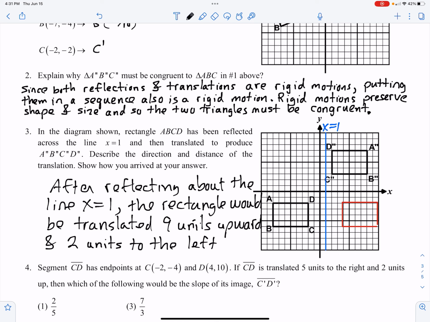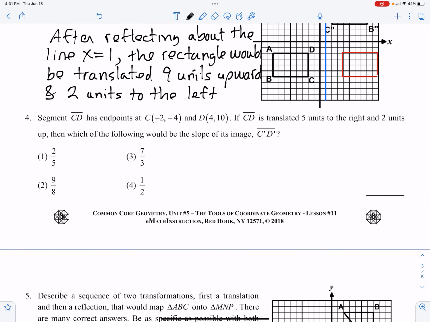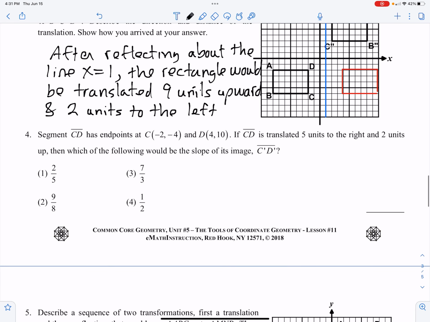Number 4. Segment CD has endpoints C(-2, -4) and D(4, 10). If CD is translated 5 units to the right and 2 units up, which of the following is the slope of this line right here?